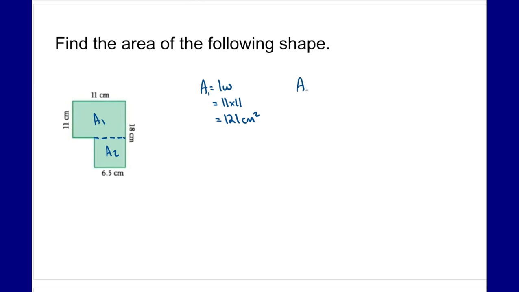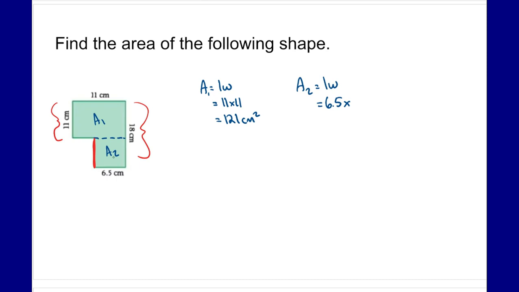For the second one, it's still going to be length times width because it is a rectangle, or maybe a square, but I need to figure out some other dimensions. I know that one is 6.5, so we'll call our length 6.5. I need to figure out this portion here. We can see that the entire length is 18, and this little portion here is 11.